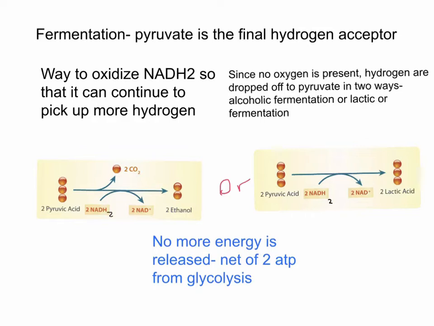If you don't get that, make sure you go back and look at the other video. We had 2 pyruvates, and we got 2 NADH2s. So that's a quick review for glycolysis.